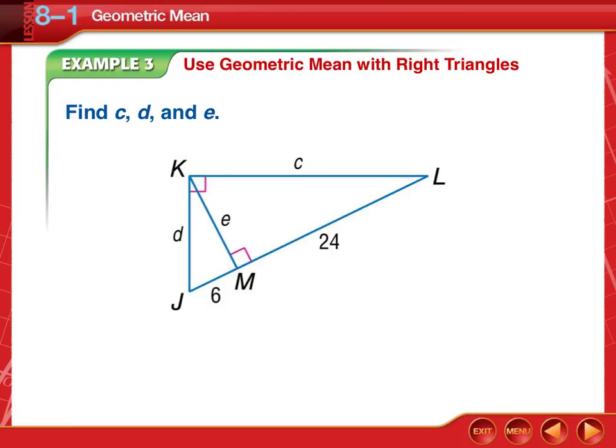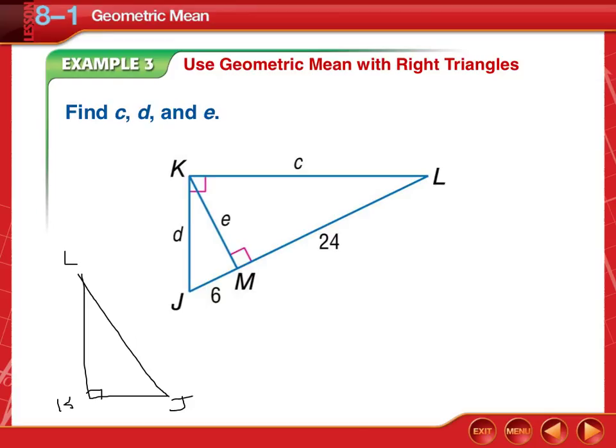Now, how can we use this information? Here in example 3, we're asked to solve for C, D, and E. So C and D are legs of the original right triangle, KLJ, and E is the altitude. So I strongly recommend not memorizing necessarily the theorems, but getting used to seeing the 3 similar triangles.